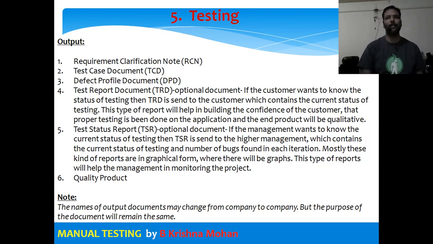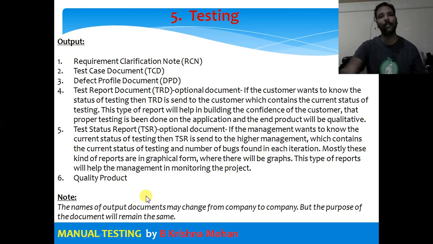So that the management can plan the next activities if there is any time slippage, or if it is taking too long, and decide how to cope with the time. To make decisions will be very easy. This type of report helps the management monitor the project.